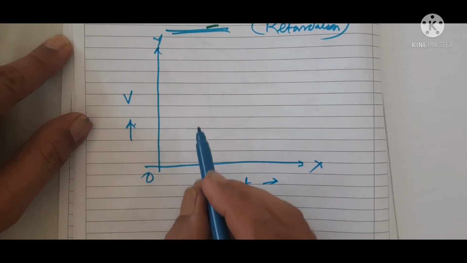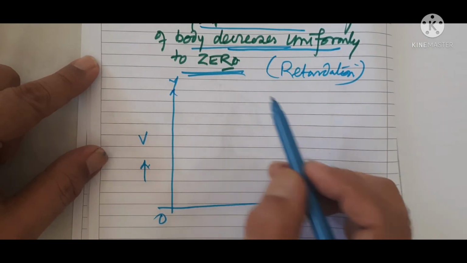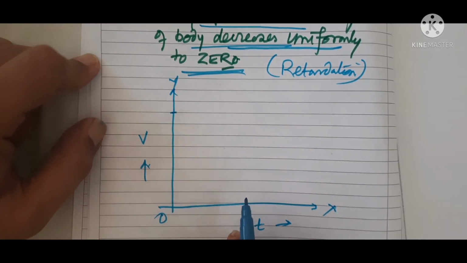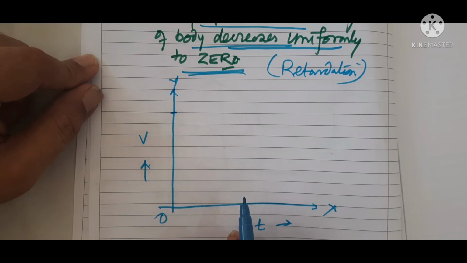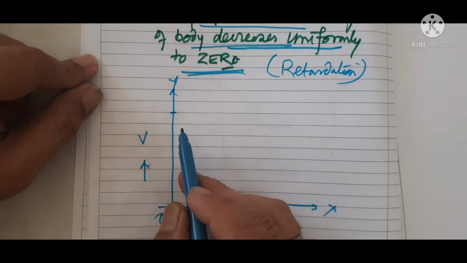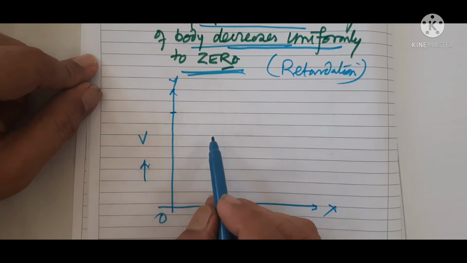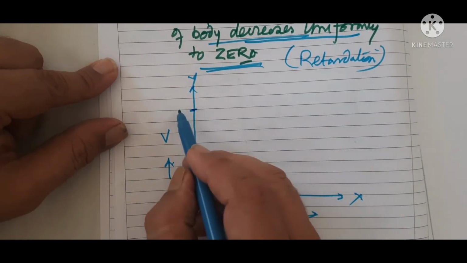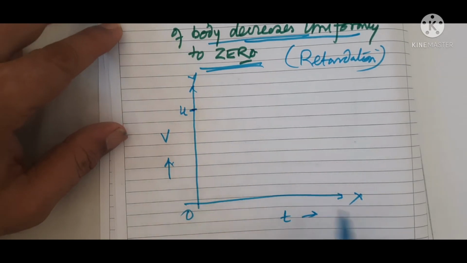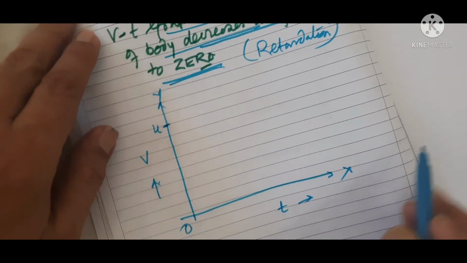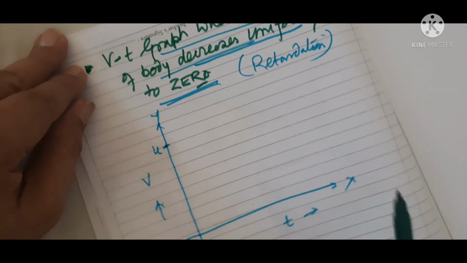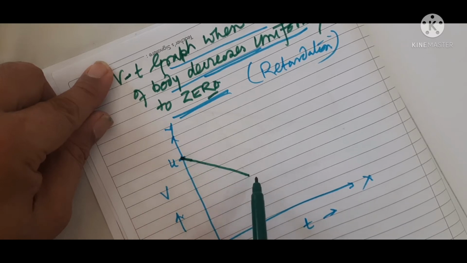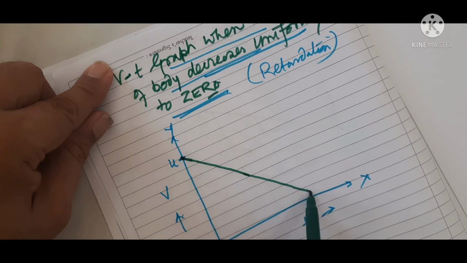means here origin, the velocity of the body decreases uniformly, means having the initial velocity, जैसे एक बस जा रही है कुछ वेलोसिटी से, मान लेते हैं 10 मीटर पर सेकंड से ट्रैवल कर रही है, and the driver of the car applies the brakes and after travelling to certain distance it comes to rest। तो इनिशियली उसमें वेलोसिटी है यहाँ पर, इनिशियल वेलोसिटी, then retarded uniformly, then this graph you will find, the graph looks like this. वेलोसिटी धीरे धीरे डिक्रीज हो रहा है, it decreases and it becomes 0.